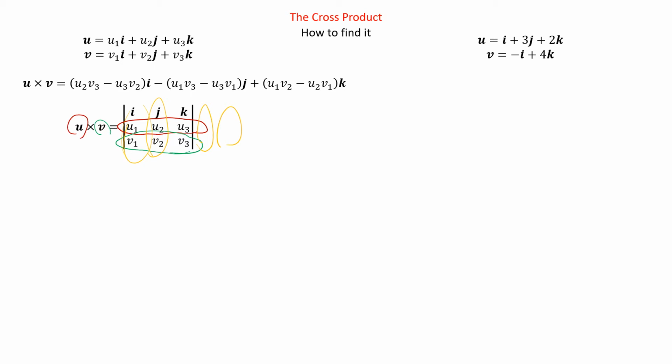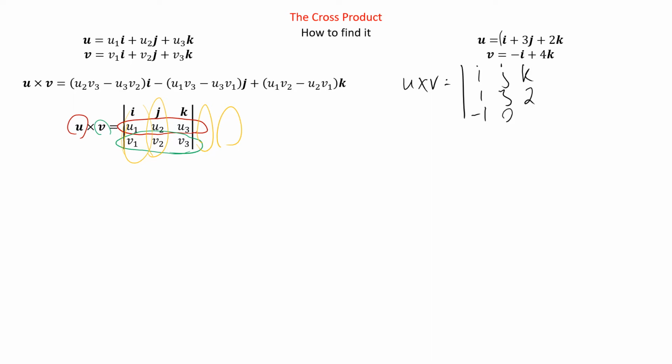So we have our 2 vectors. u is i plus 3j plus 2k, and v is negative i plus 4k. So we're going to do our cross product. We'll have u cross v, which is going to be the determinant. We'll have i, j, and k at the top, and then u, this is 1, so we'll have 1, 3, 2, and then v is negative 1.